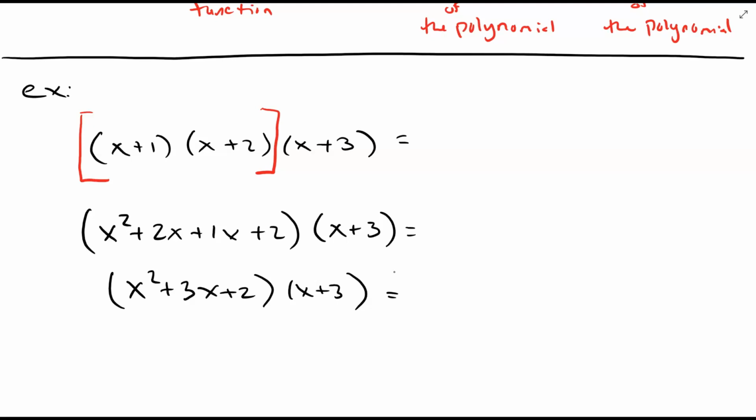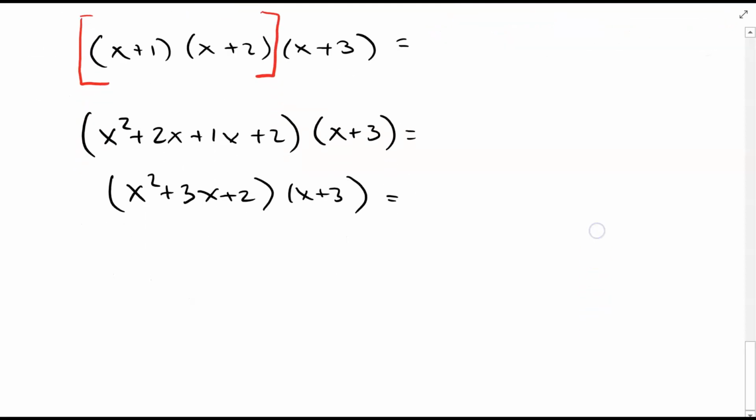Now I could multiply these two things together. Last semester, what did I recommend using to multiply two things like this together? I made that grid, right? Do you guys remember making the grid?